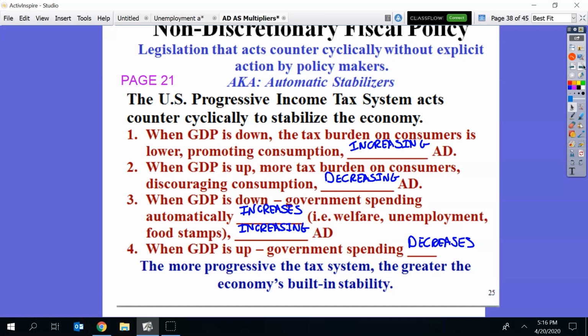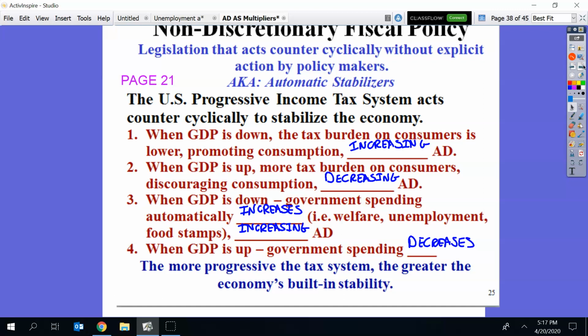In terms of government spending, the other tool of fiscal policy, when GDP is down, more people will automatically qualify for transfer payments. So government spending is going to tick up no matter what. And that will increase aggregate demand and help, again, prevent the recession, hopefully, from deepening or growing too quickly.